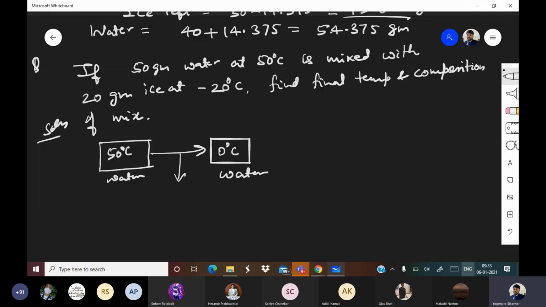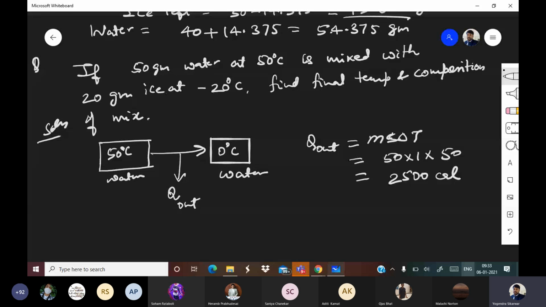So Q out will be m s delta T. M is 50, S is 1, delta T is 50. And that comes out to be 2500 calories.